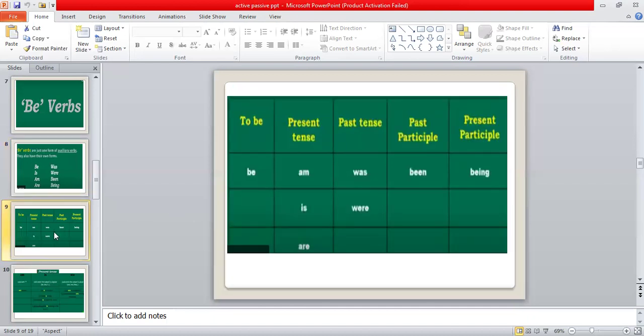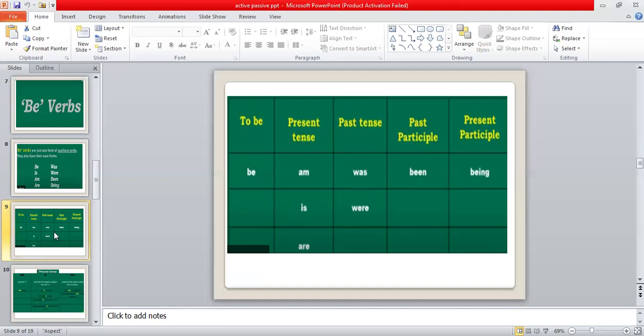Yes, in this chart, you can see different forms of be. If you see that the sentence has been written in the present tense, then the present forms of be are am, is, and are.